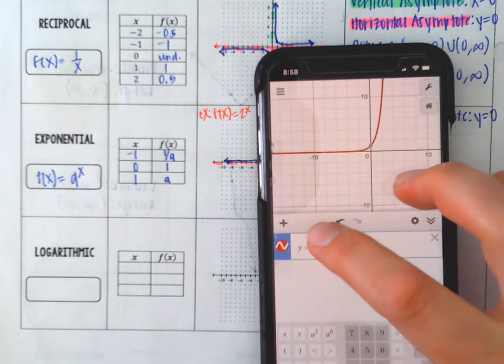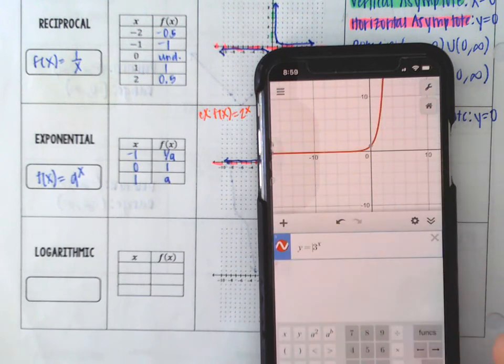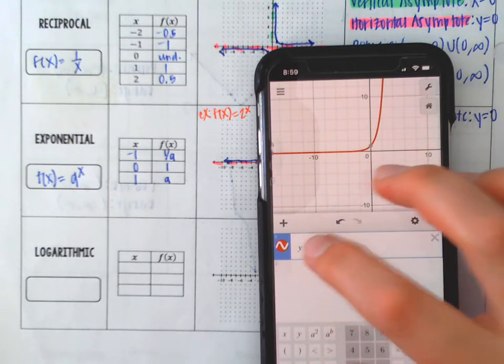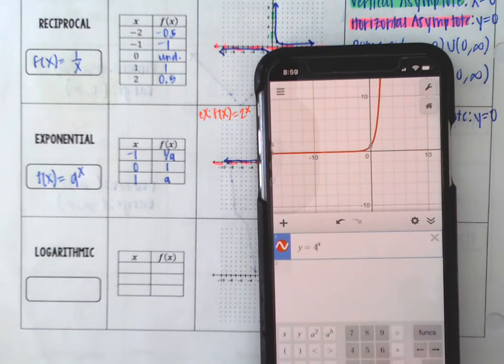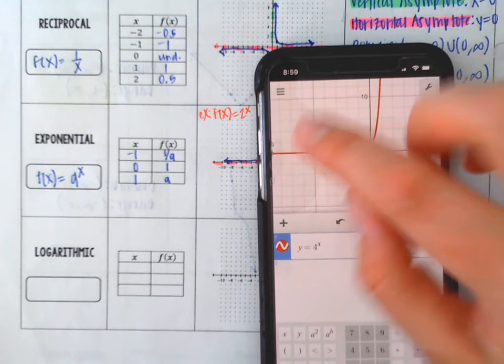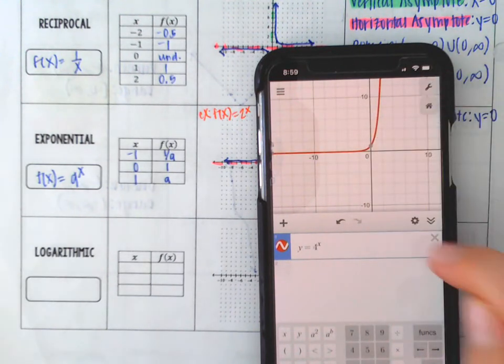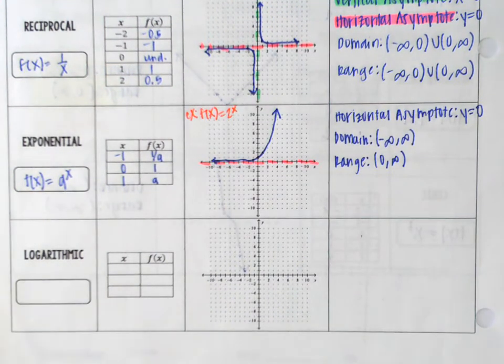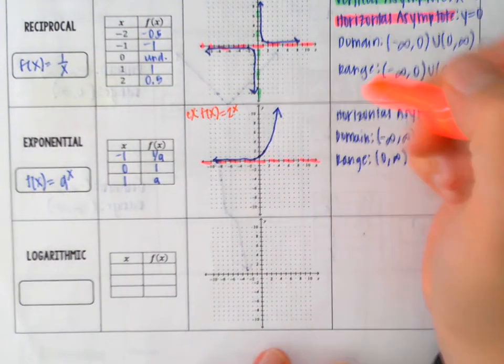If I changed it to, there we go, 4 to the x looks the same. It just gets stretched a little bit because of a bigger number. So there you go. That is your parent function table.